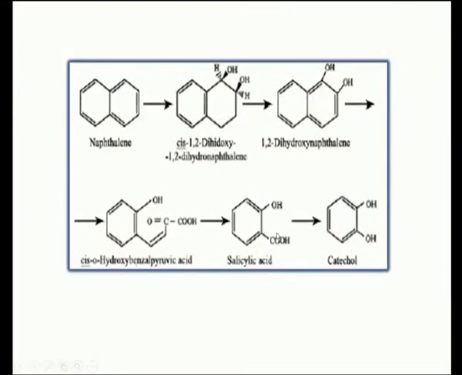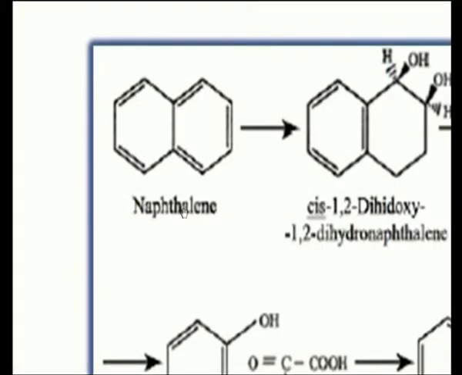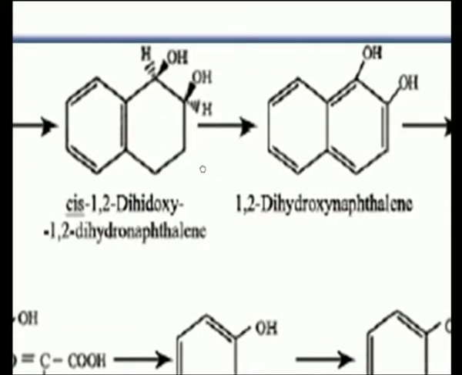Similar decomposition is shown here for higher molecules like naphthalene, which is a higher version of benzene. It also reacts with oxygen to produce first two hydroxy groups, followed by elimination of hydrogen, producing again naphthalene diol.